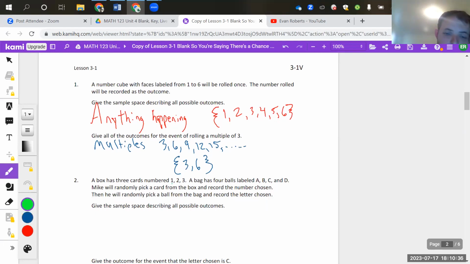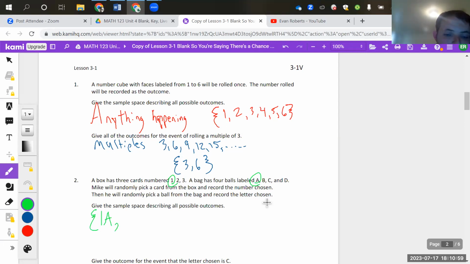So you could pick a 1 and you could pick A. And so since you're doing both things, 1 and A would need to go together. So we're going to call one of the outcomes 1A. You could have called it A1. It doesn't actually matter because you're always going to pick a letter and a number.